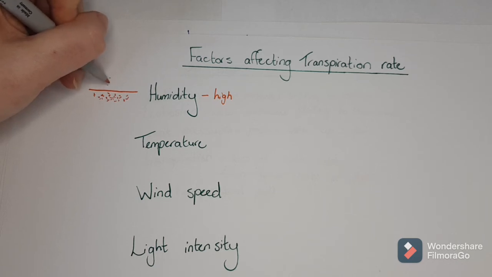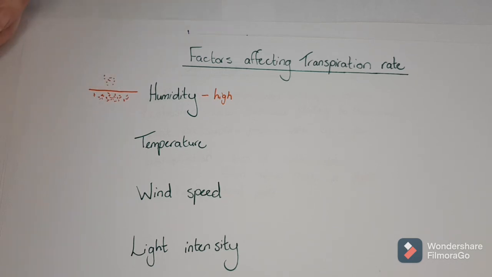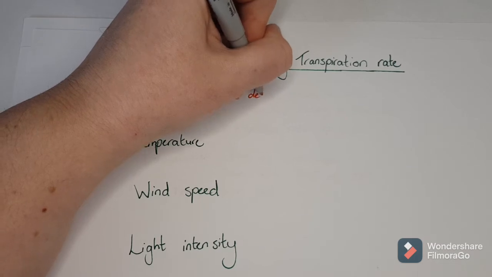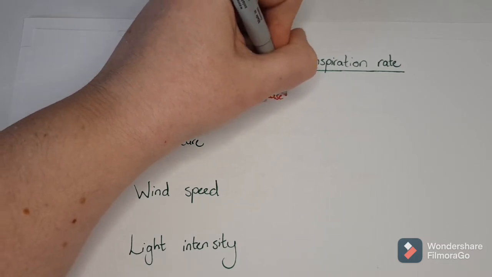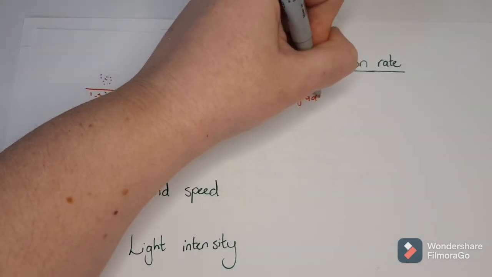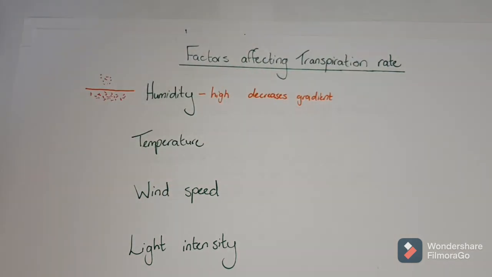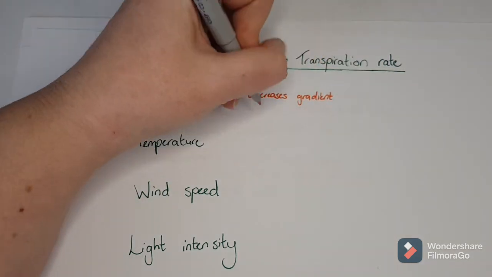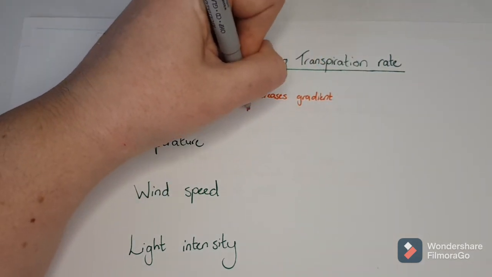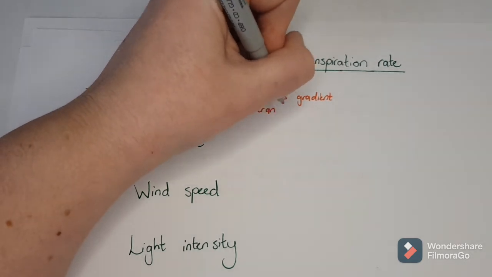So if there's a whole bunch of water molecules in there, they don't need to move out because there's no gradient for them anymore. So high humidity decreases the gradient. So that means transpiration is slower. So we decrease our transpiration rate.